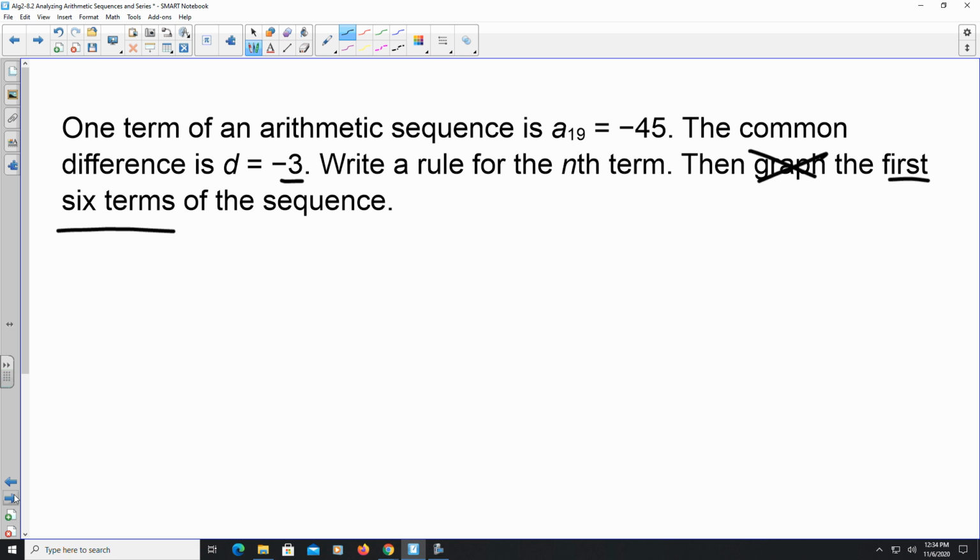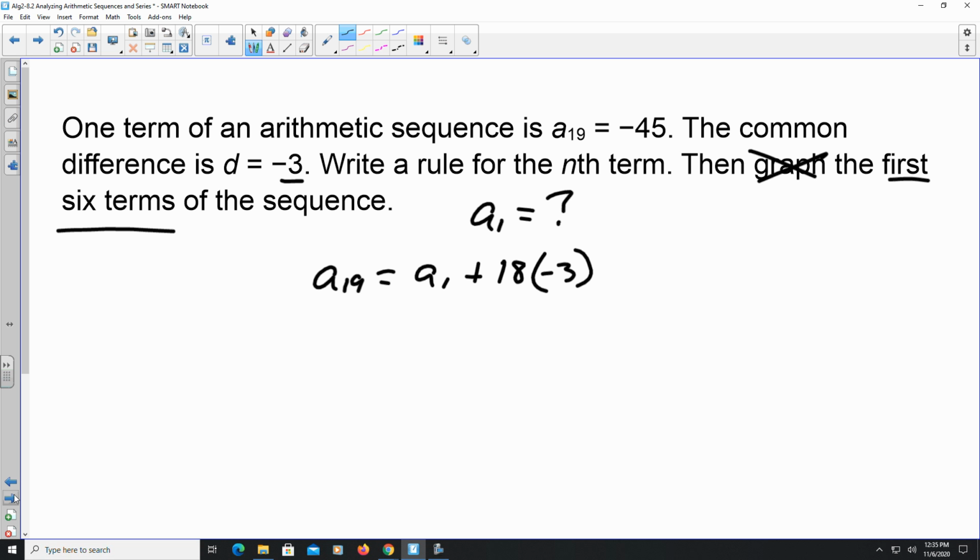So to write a rule on this, we need to figure out what a sub 1 is. To figure out what a sub 1 is, we're going to use a sub 19 to help us. So a sub 19 is going to be equal to a sub 1 plus 19 minus 1, which is 18, times the common difference, which is negative 3.